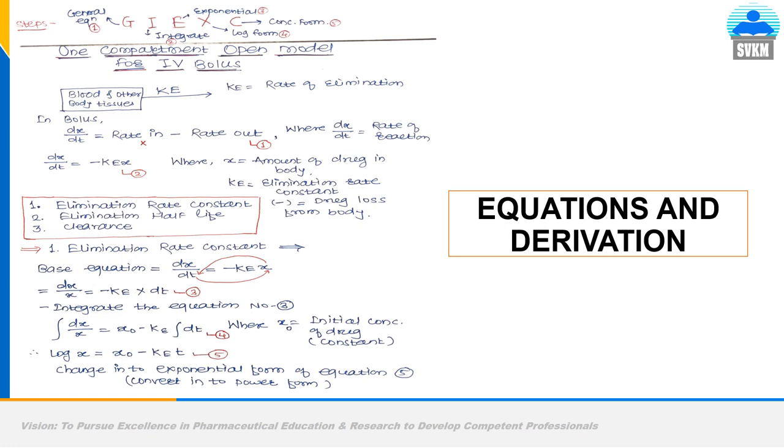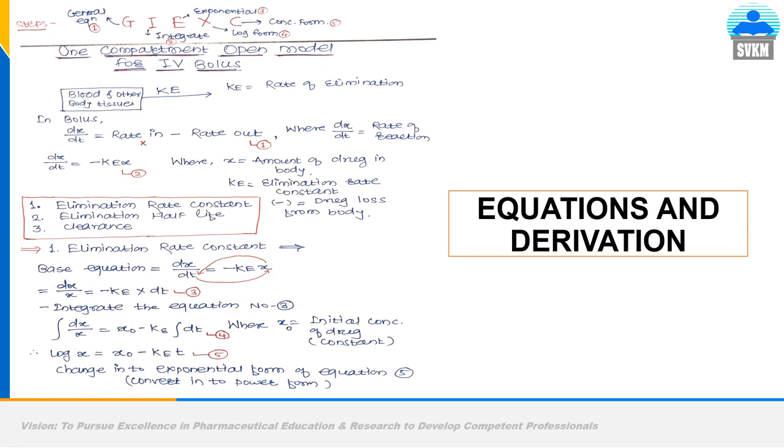In IV bolus, there is a basic equation: dX/dt is equal to rate in minus rate out. Rate in indicates the rate of absorption, and rate out means the rate of elimination, where dX/dt is the rate of reaction.